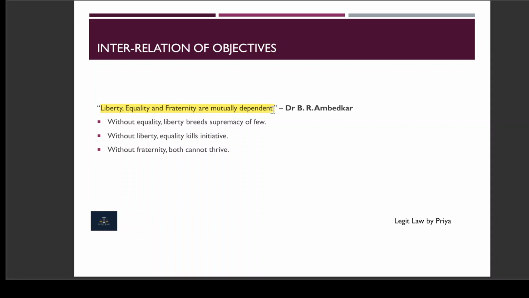Whereas without liberty, equality would be suppressed by individual initiatives, which means if there is no liberty, your equality can be suppressed. And without fraternity, both liberty and equality would lose their meaning, which means without fraternity, equality and liberty will both have no effect.